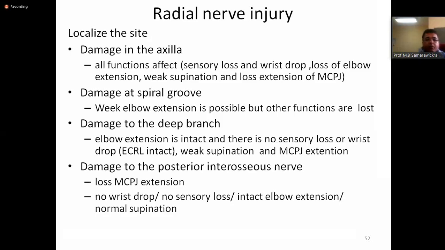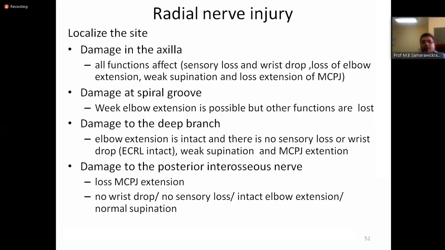So there is a weak elbow extension and all the other functions mentioned above are lost. Then damage to the deep branch, elbow extension is intact because it already supplied the triceps muscle, and no sensory loss because superficial branch supplies the sensation, and no wrist drop because extensor carpi radialis longus is intact.